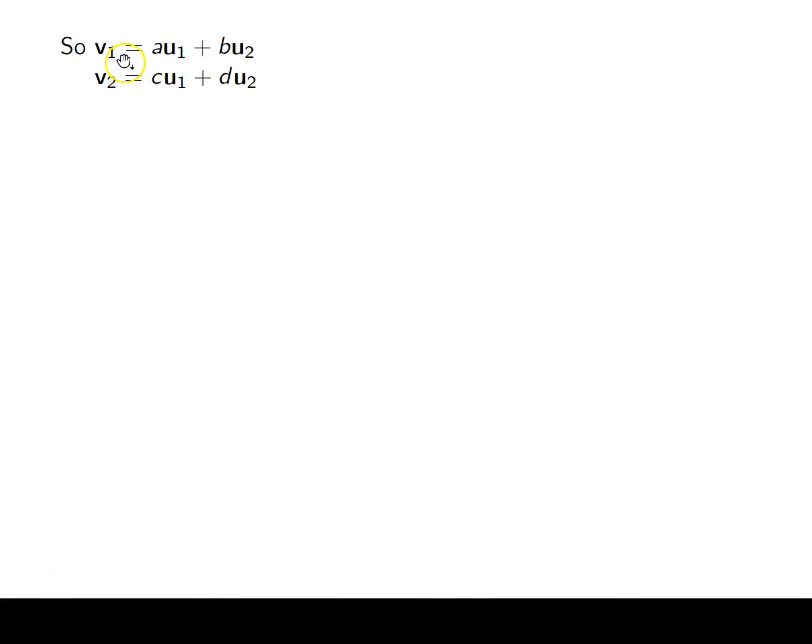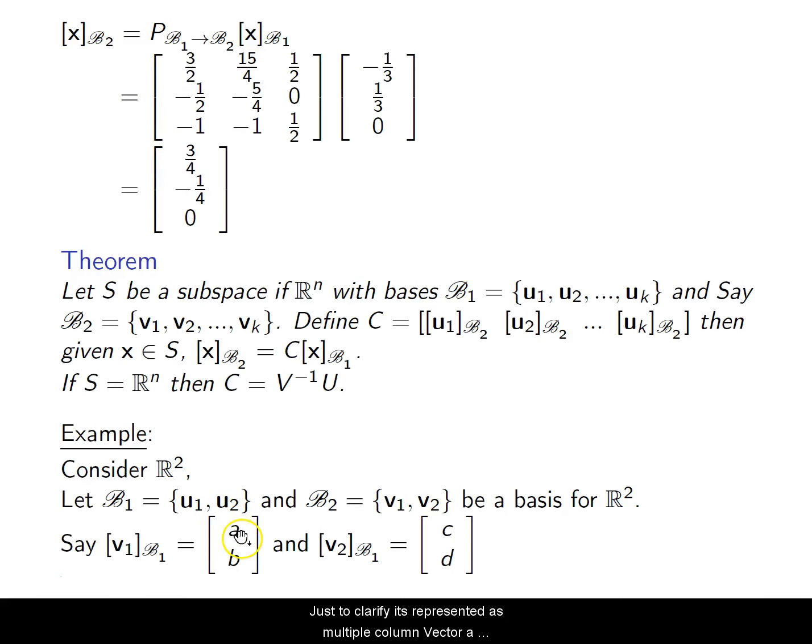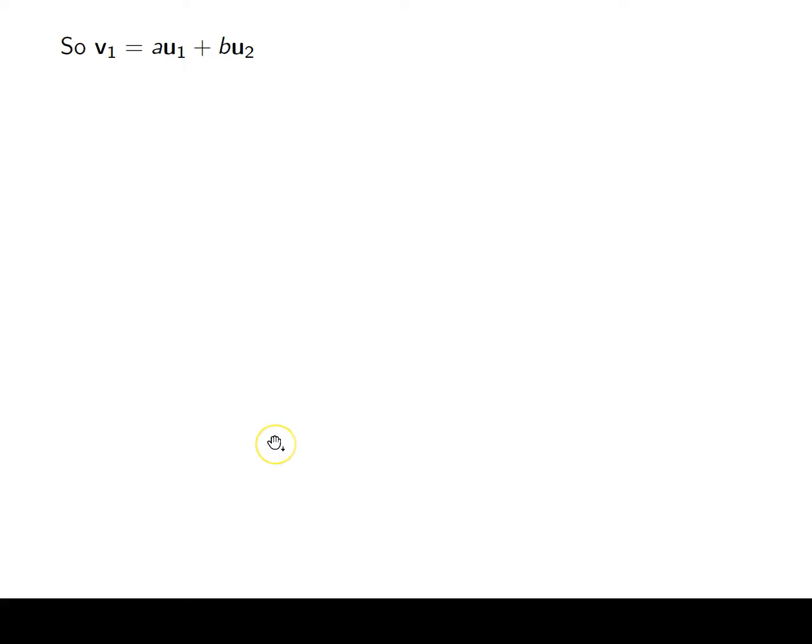The first element times the first column vector in the basis B1, and the second element times the second column vector. That's how it looks in B1 because it's a linear combination of vectors from B1. That's why it's a representation under B1. So V2 will look like this under B1 as well.